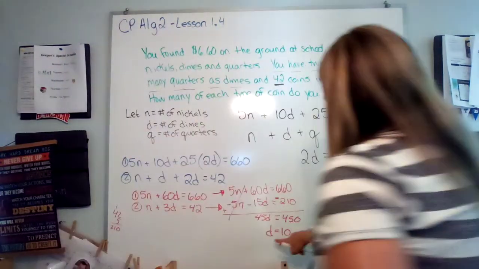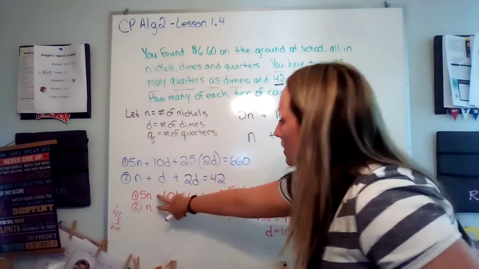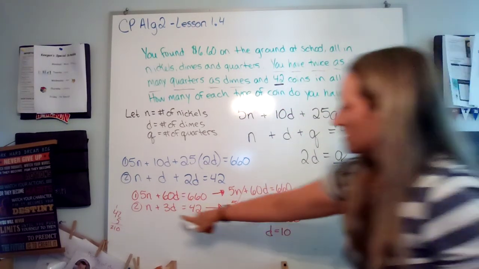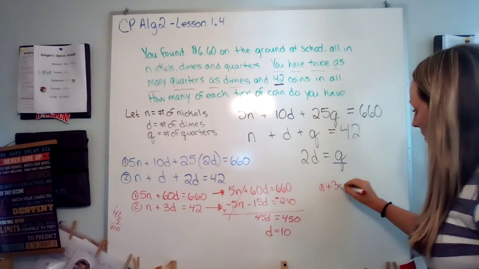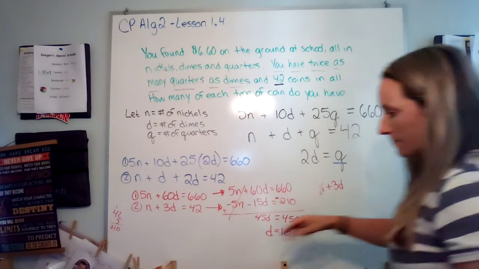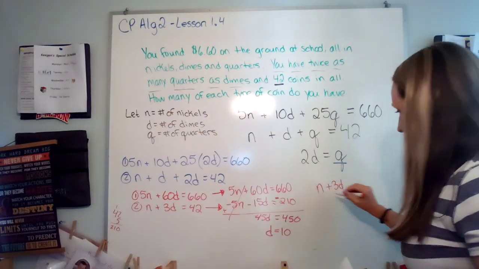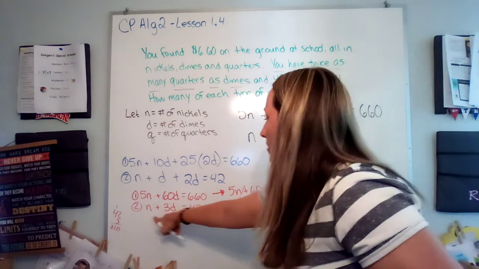Once you know that d equals 10, you can plug back into one of these equations if you want to solve for n. Okay, so let's plug into this one here. n plus 3d equals 42. Right, I'm taking this equation right here.